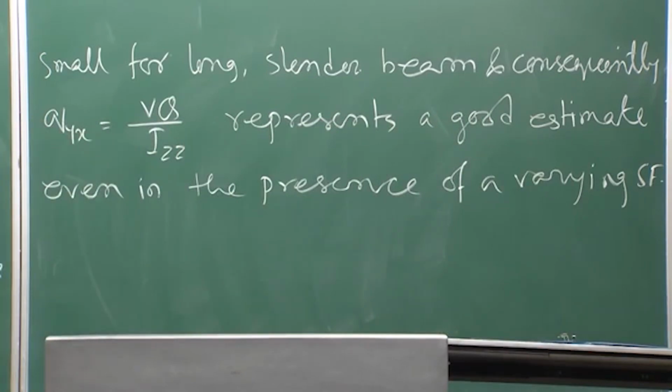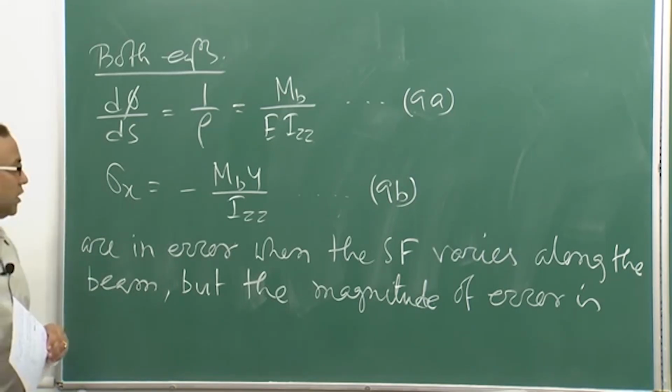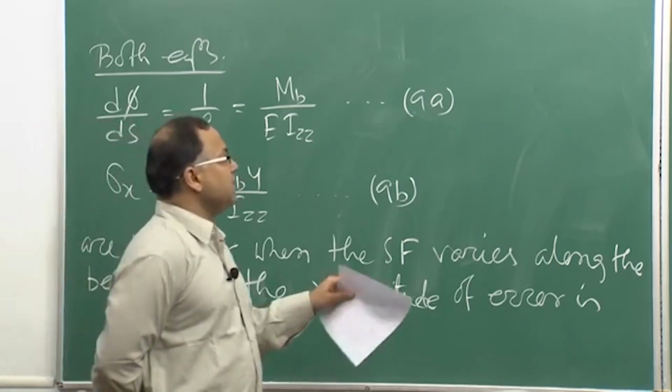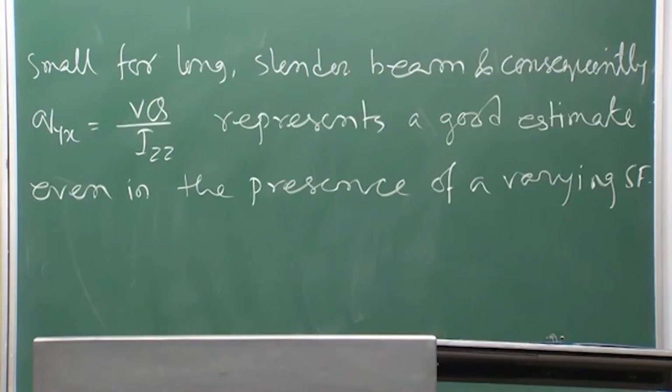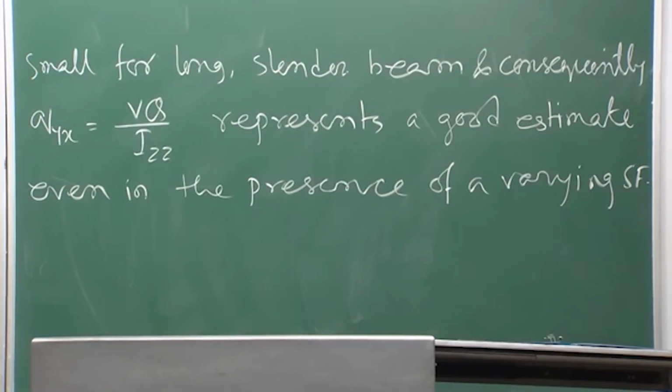So, what I said, the most general thing is that your bending moment is also varying, and shear force is also varying along the span of the beam. If that situation arises, which is pretty common, then both these equations are in error when the shear force varies along the beam, but the magnitude of error is pretty small for long slender beams, whatever we generally consider in different civil engineering structures.